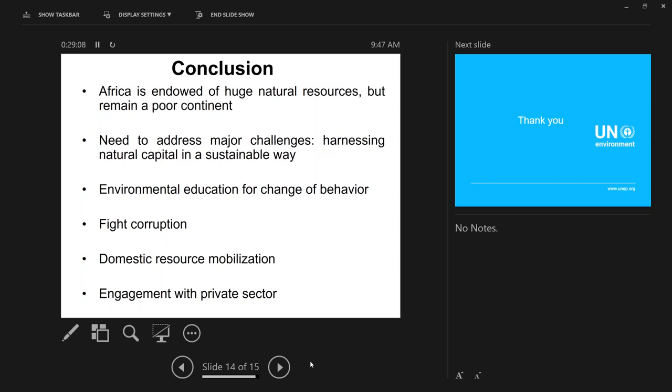Something that I did not talk about, and which is important to share with you in terms of ongoing initiatives to ensure a safer environment, is our multilateral agreements.